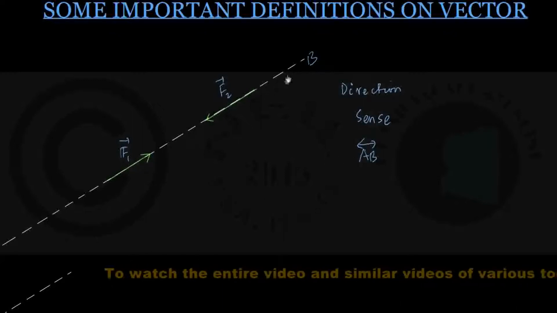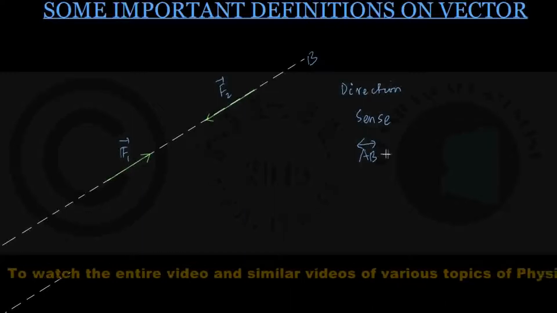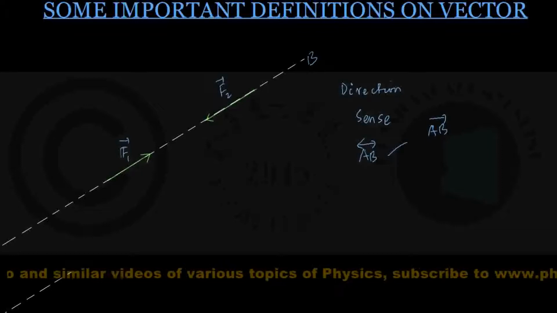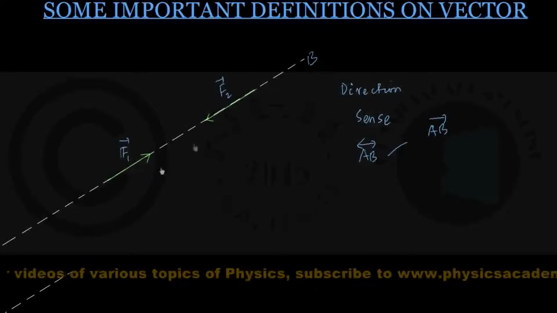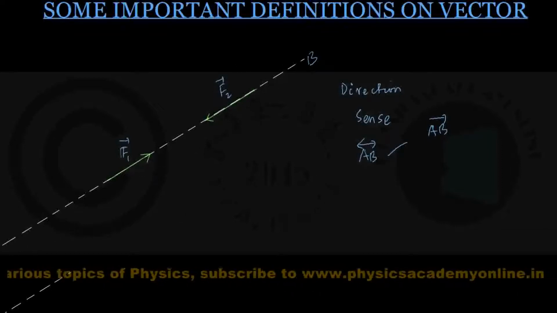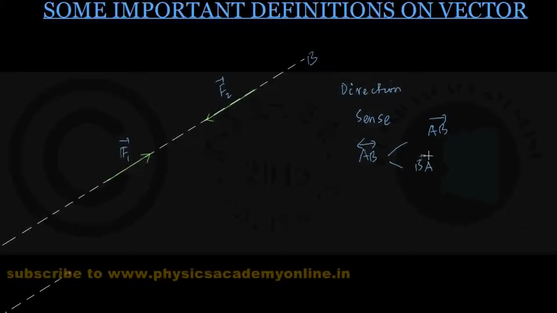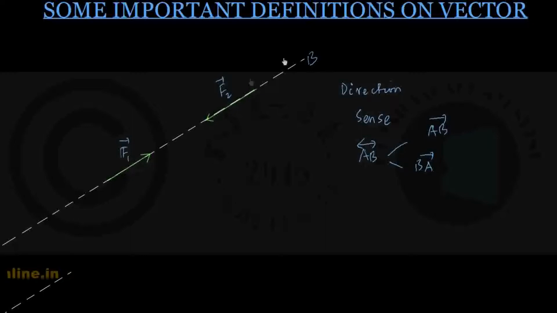That might mean two possible senses. This can mean either a sense that is A towards B, that is one sense, and the opposite sense, of course, is from B towards A. So direction might mean the line of support that could have two possible senses, from A towards B or from B towards A. By these definitions, one single direction may have two different senses.